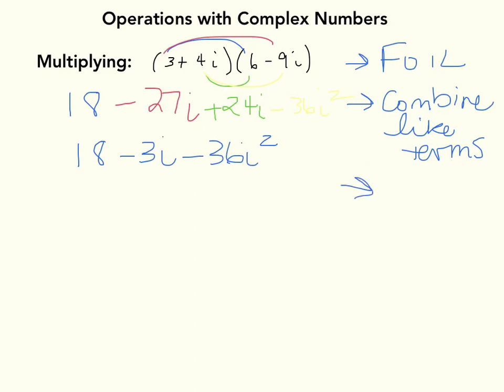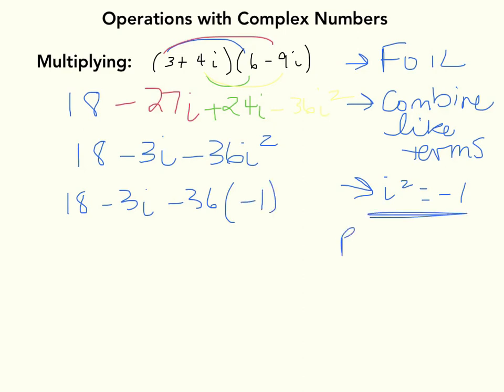We know from the other slide that i squared equals negative 1. So we want to substitute in, or replace, the i squared with negative 1. So now I've got 18 minus 3i minus 36, and instead of i squared, I've got a negative 1.